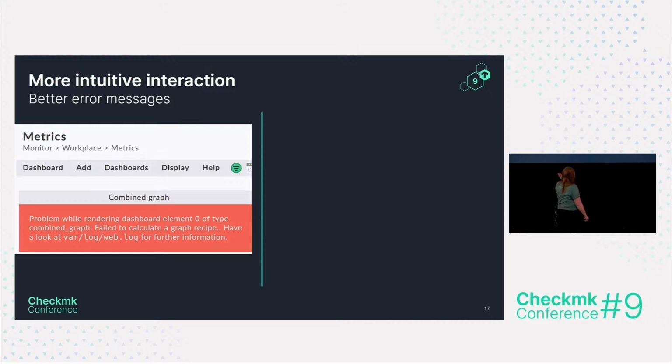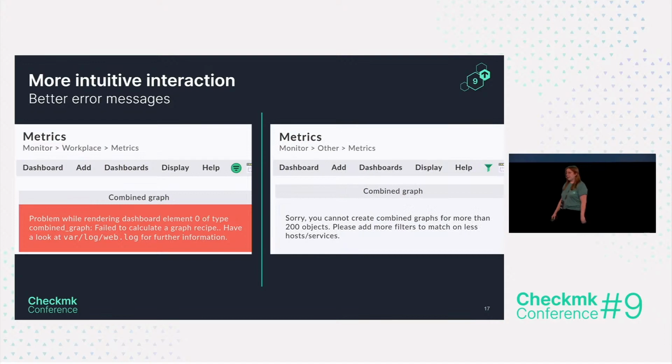If I would read it, I had no idea what to do. So with the 2.2, we changed that error message, so it now explains why there's no data shown, because it cannot display more than 200 objects, and how to solve it with adding more filters to match on fewer hosts and services, so you can more easily recover from an error.